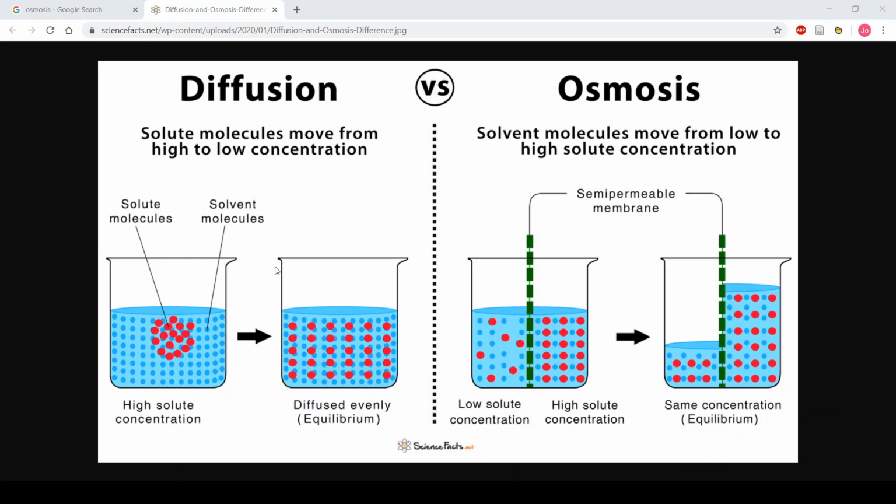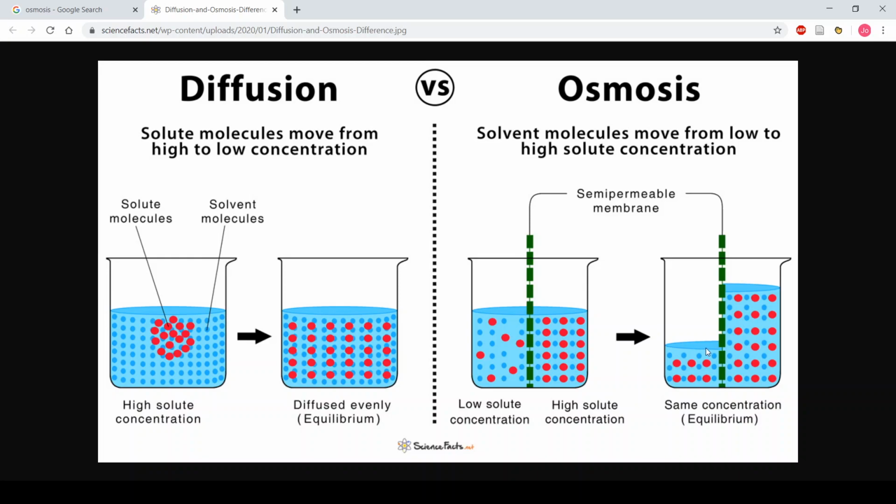So if we have not salty water over here, and we have salty water over here, and we have a semi-permeable membrane in between them, the water wants to have the same concentration on both sides. Nature wants to balance. So water will move through the semi-permeable membrane over to this side so that the concentrations are equal.